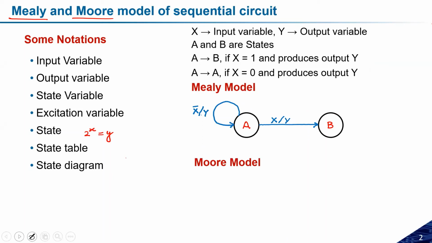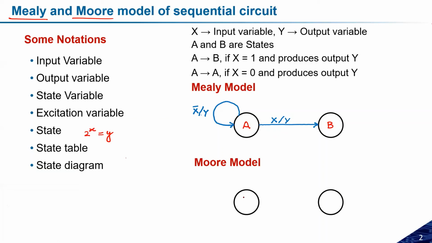Suppose we consider the same kind of conditions. If I want to make the model for the Moore, how can we model it? To model this one, I have two states, just like the previous one.